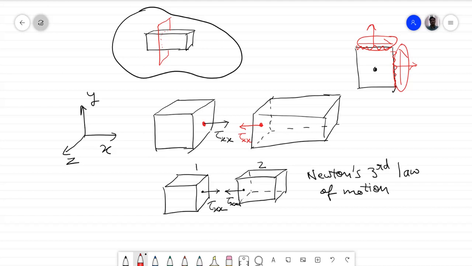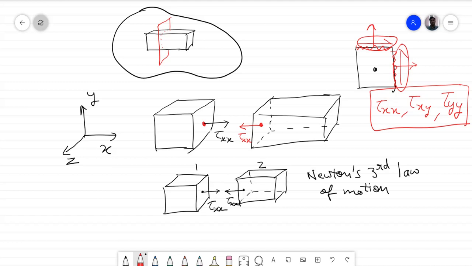There may be very rare circumstances where these are not equal. Yeah, so in that case you have only 3 components: tau xx, tau xy and tau yy. If these 3 are known at a point, then you know the complete state of stress at that point, because tau xy is equal to tau yx. That you'll find out in your assignment.